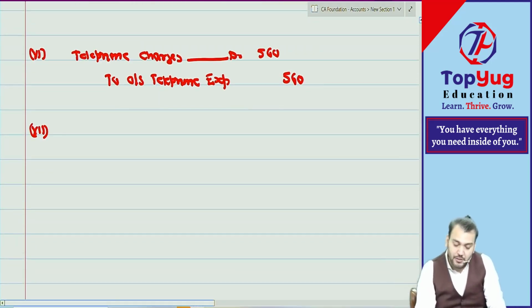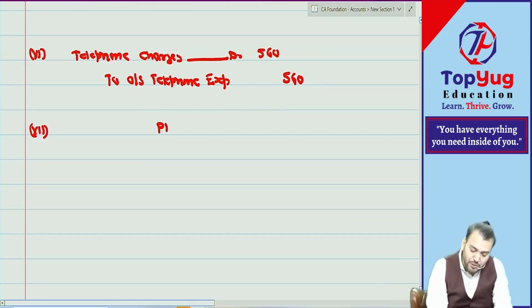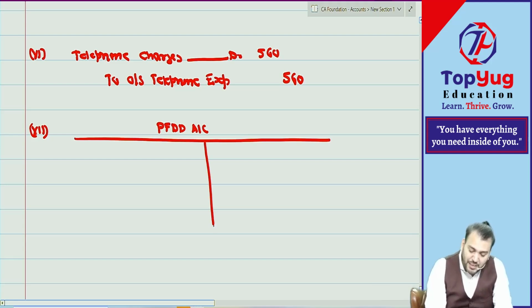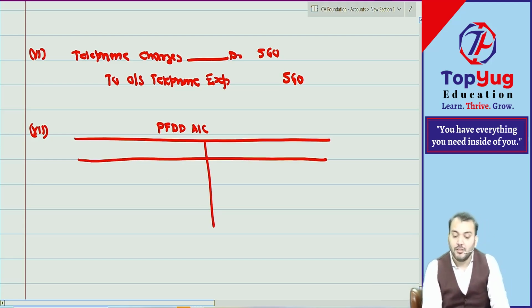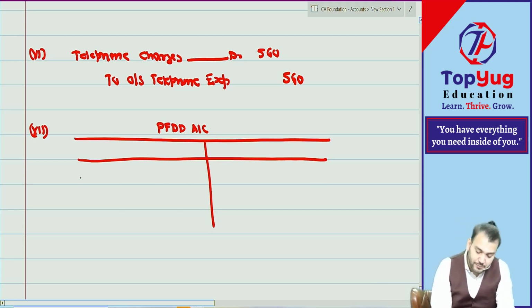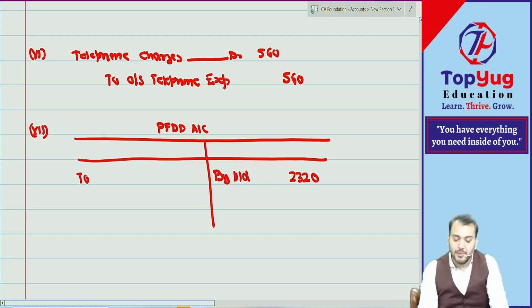Prepare one provision for doubtful debt account. What is the opening balance of provision? By balance brought down how much? 2,320. They have given it now.